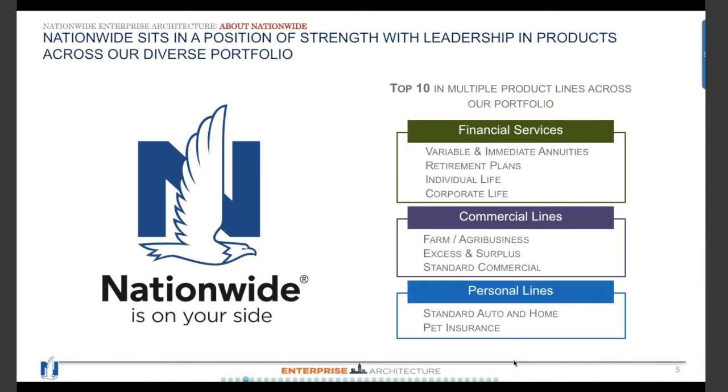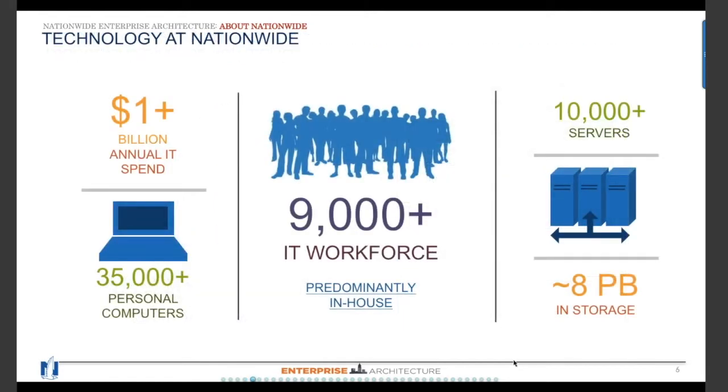As I mentioned, we've got a diverse portfolio of different things that we offer: financial services, banking, and of course insurance. The scope and scale of what we deal with here at Nationwide is a little bit unique. We have over $1 billion of annual IT spend, and we support over 30,000 employees with, as you can see, 35,000 plus endpoints from a PC perspective.